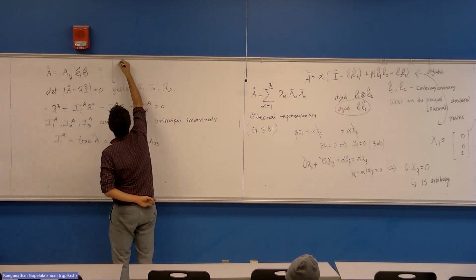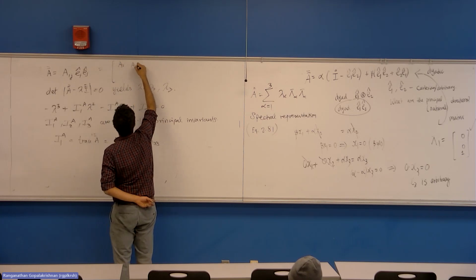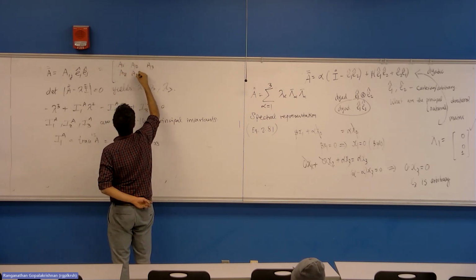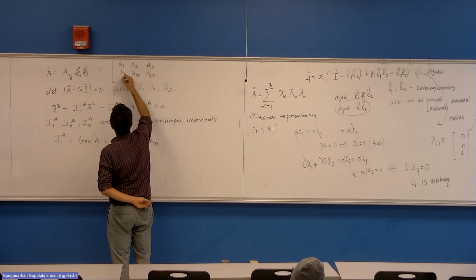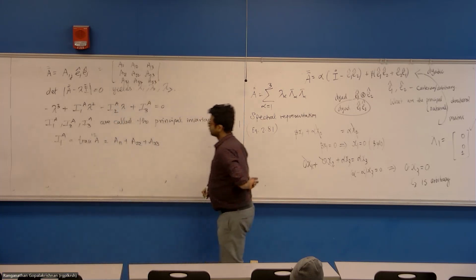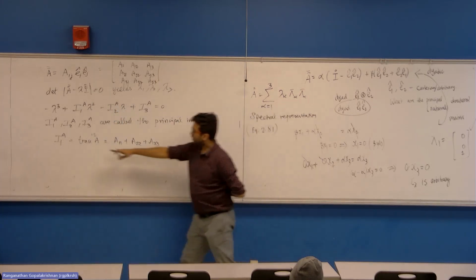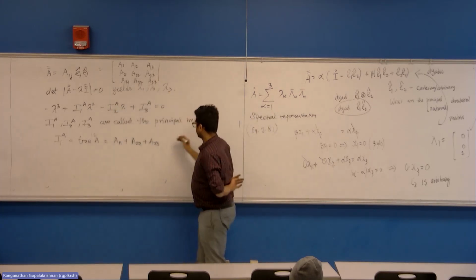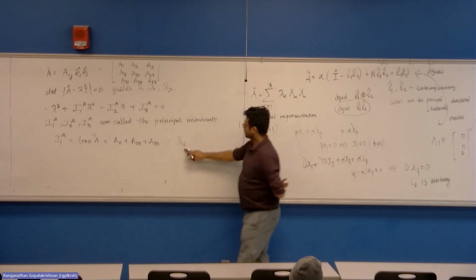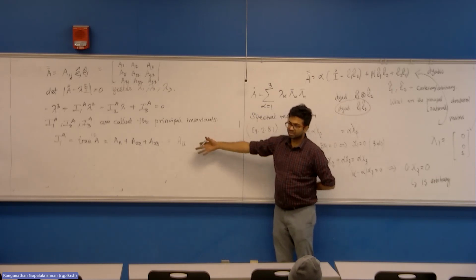Suppose you had it in a Cartesian form, A11, 12, 13, 21, 22, 23, 31, 32, 33. I1 is the sum of the diagonal elements, which you can write in index notation as Aii. Since i is repeating, the summation is implied.